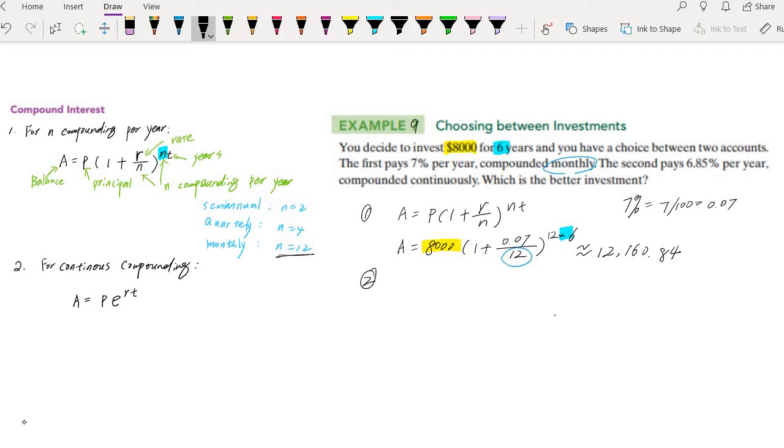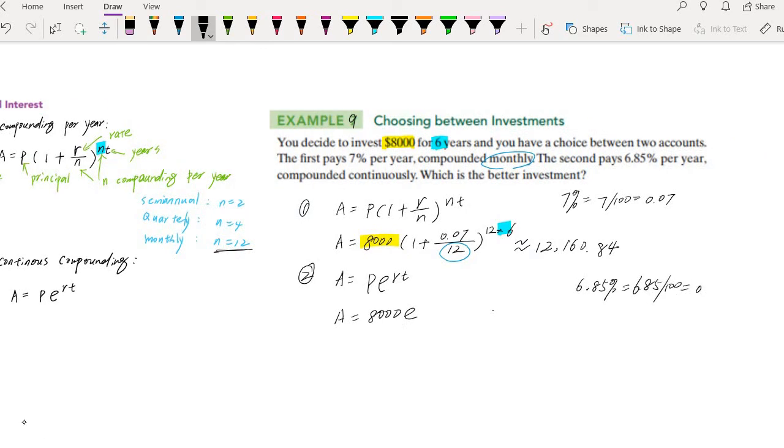And then if we put this money in the second account, this is compounded continuously, so we're going to use the second formula. Now we're going to look at the end balance for our case. $8,000, start at the same place, e, and in this case our r is 6.85%, that is 0.0685.